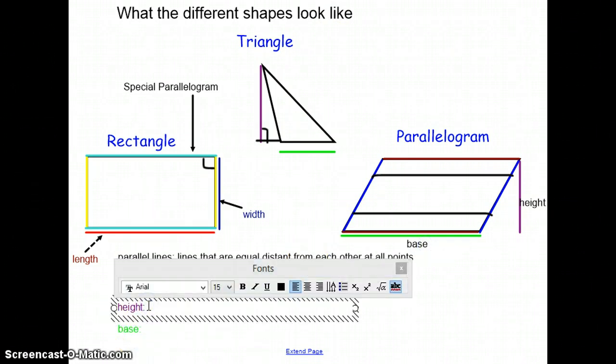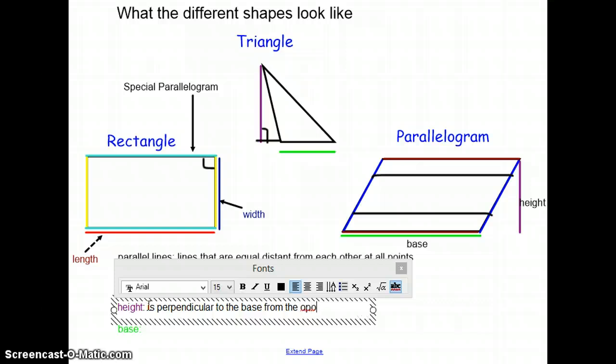The height is perpendicular to the base, from the opposite parallel line.